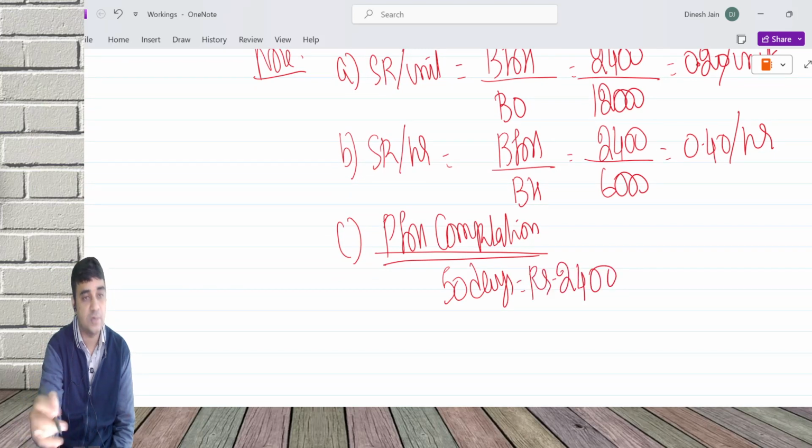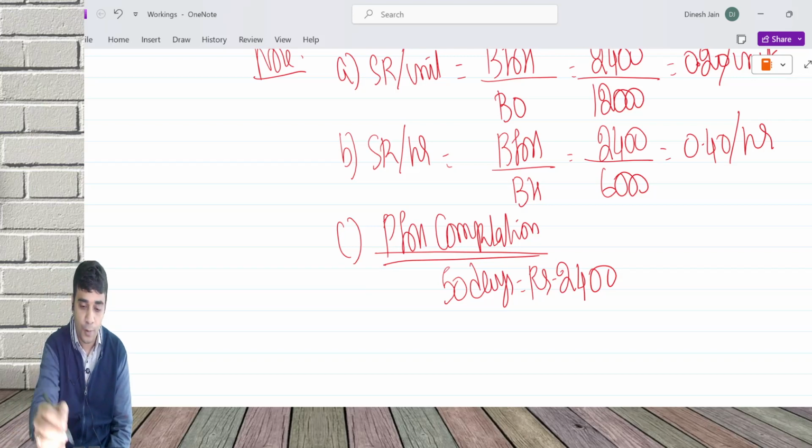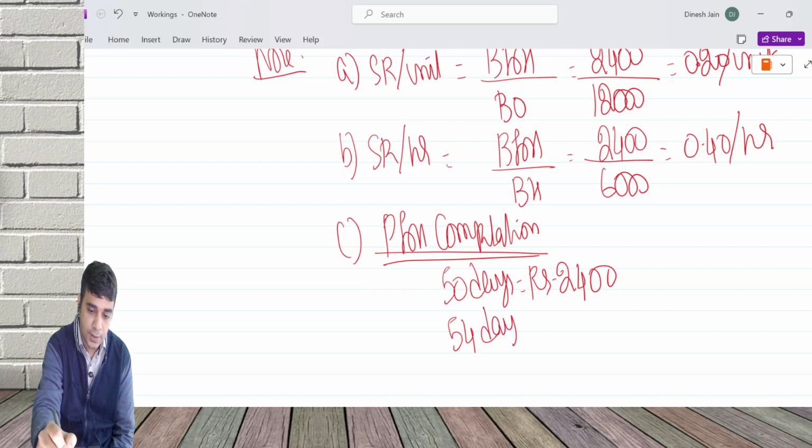You can do this for units also, hours also, or directly rupees itself. How many actual days are there? 54 days equal to question mark. 54 days, how much?